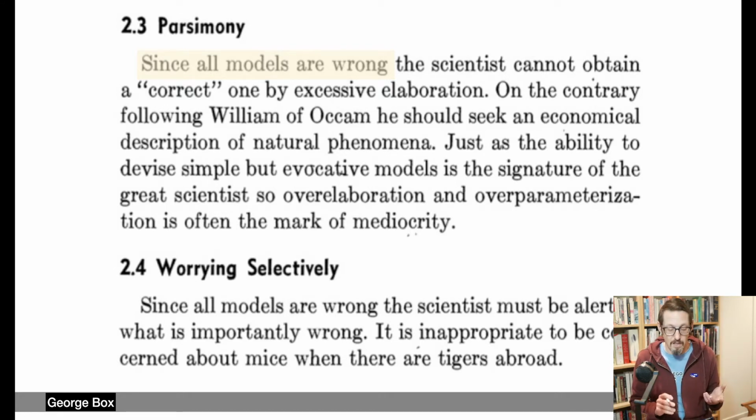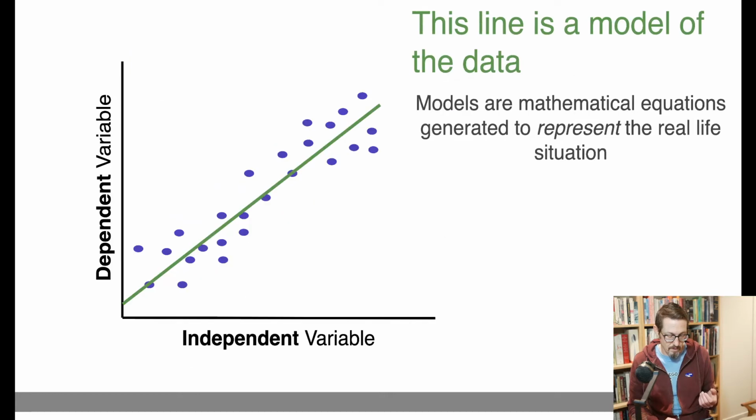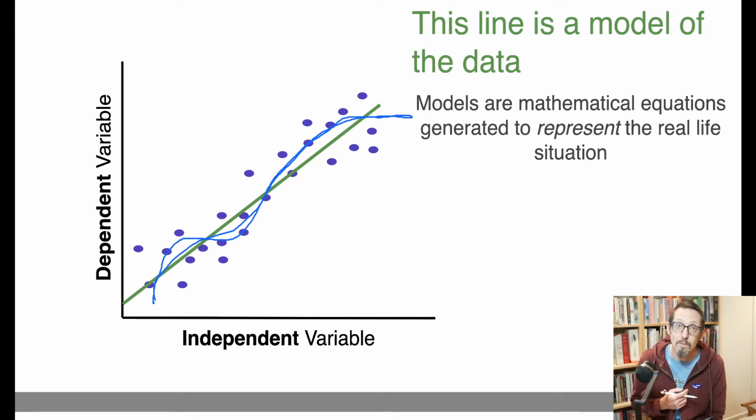Maybe this line is not the right thing. Maybe this data would be better fit by something that was a little curvy. Okay? So the line may be the wrong model. I don't know. We would have to do a lot of investigating and do some experiments to try to figure that out.